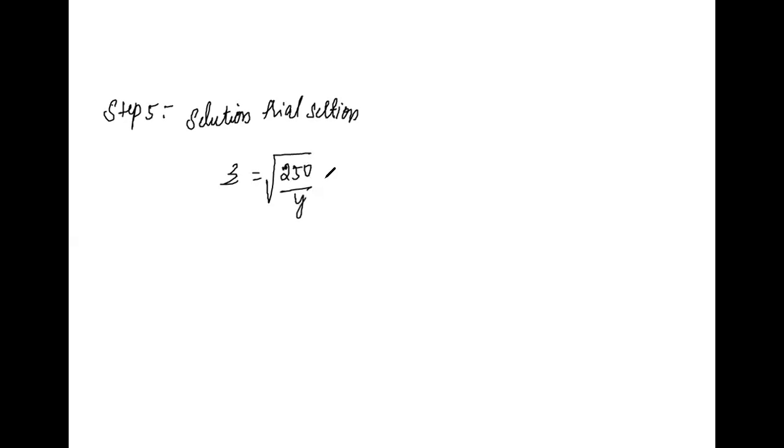Then coming to step 5, we have to select the trial section. Trial section means it comes under plastic, compact or semi-compact. For that, we have to know the value of epsilon. The formula for epsilon is root of 250 divided by Fy.